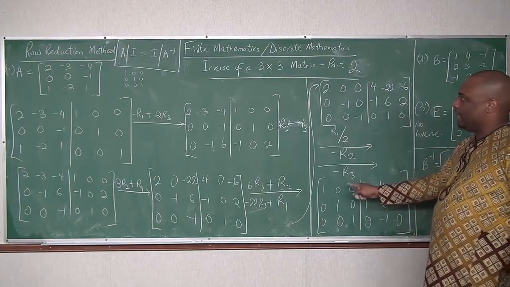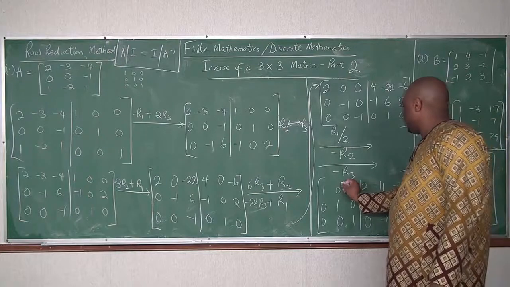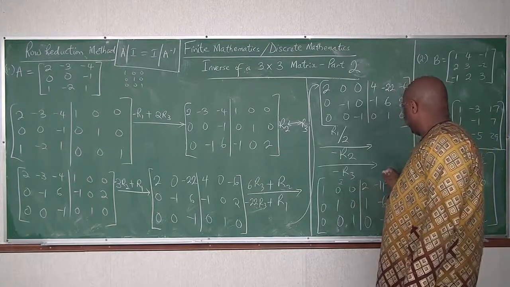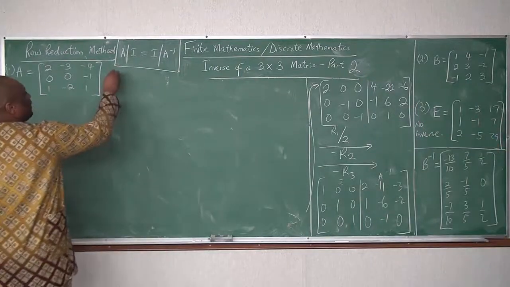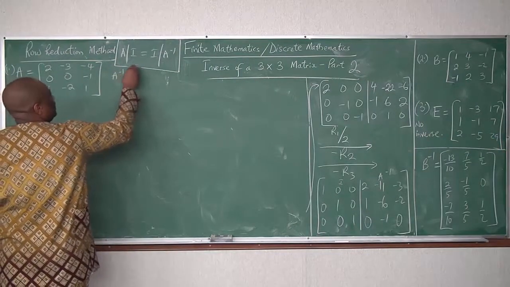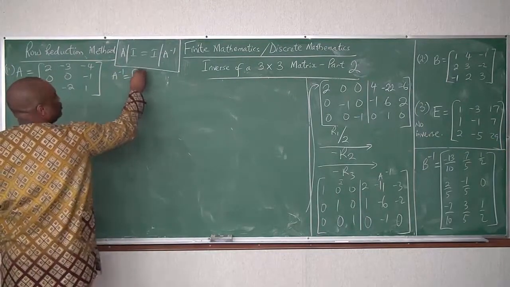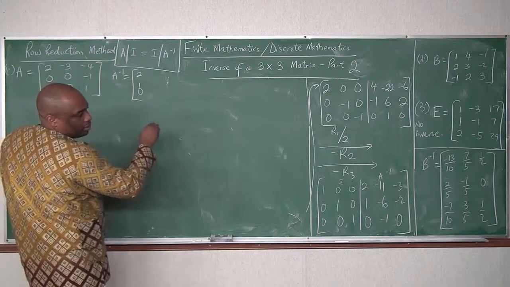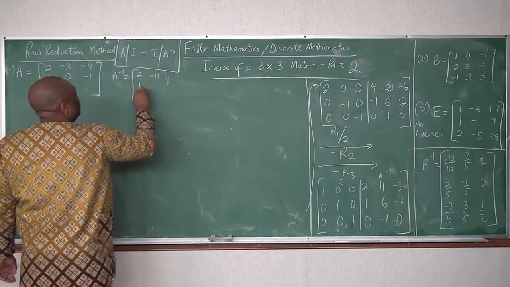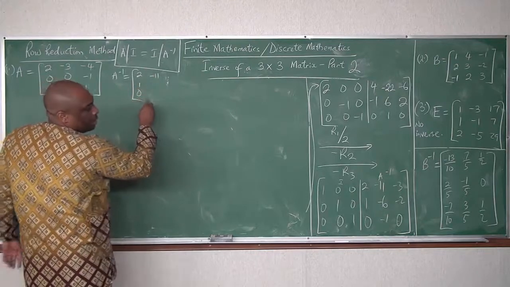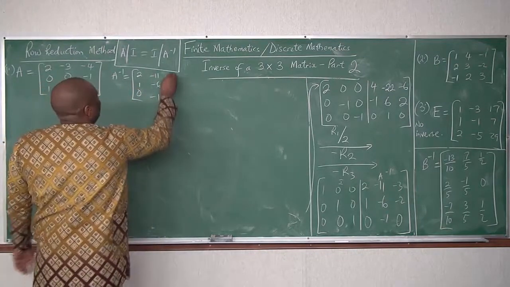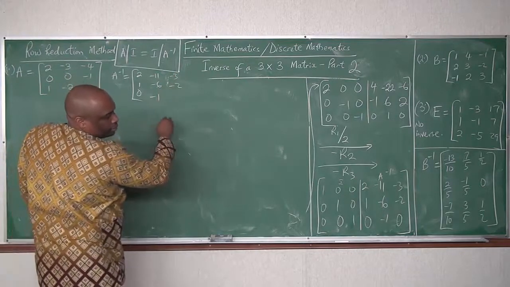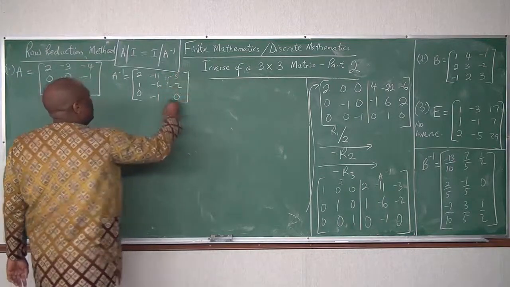So this becomes I. This is your I, and this is your A inverse. So what is your A inverse? This is now 2, 1, 0, negative 11, negative 6, negative 1, negative 3, negative 2, 0.